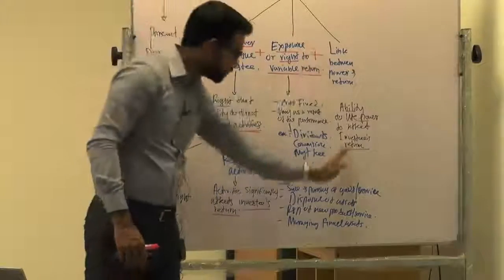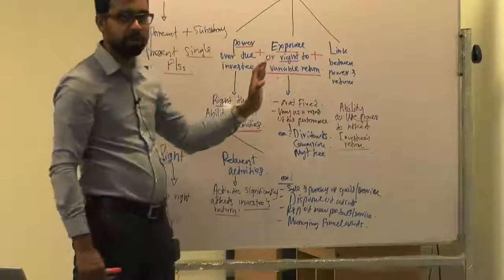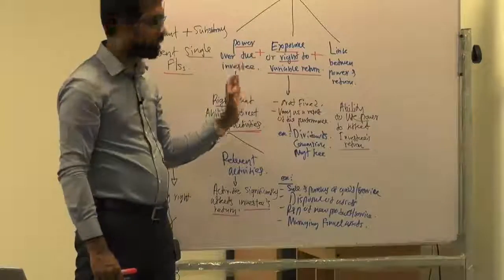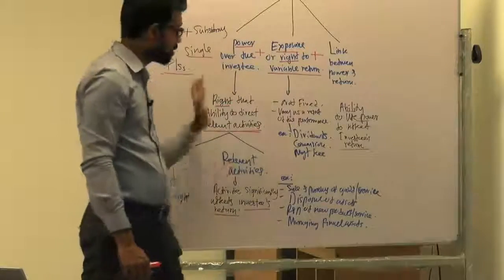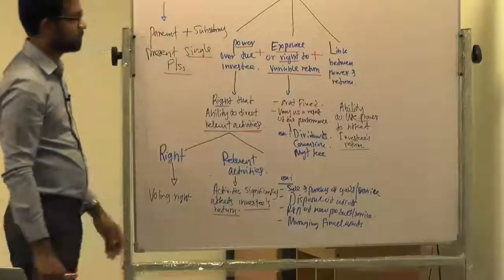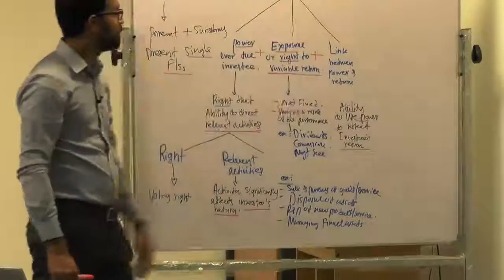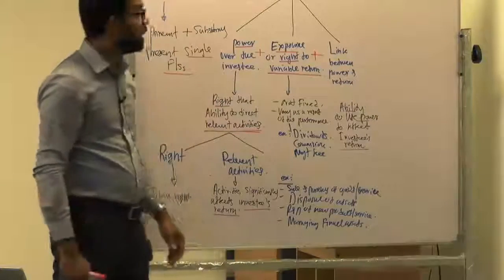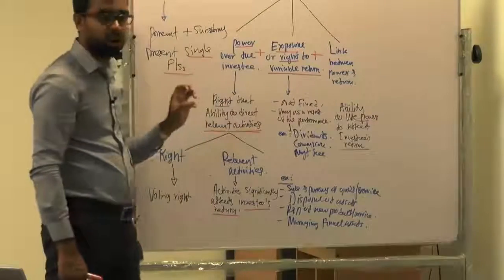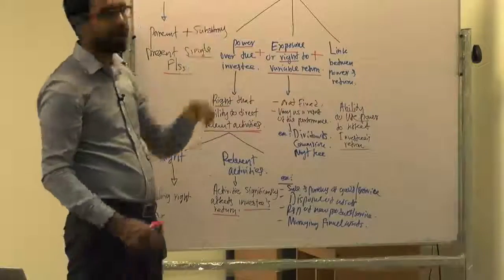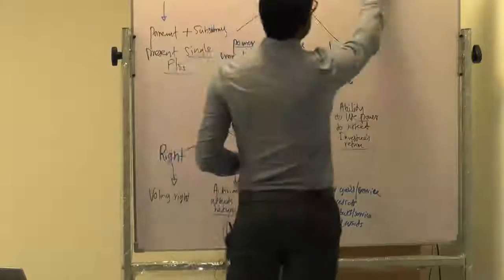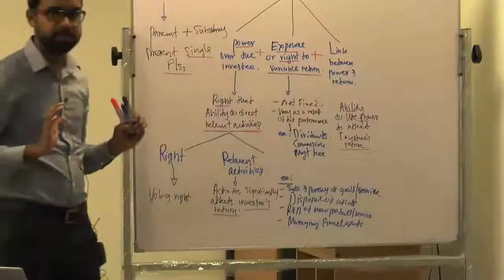So this can be a question in your exam, not relating to calculation, but relating to interpretation of that standard. This is how I can interpret the definition of this word, which is control. If you have control, you have to prepare consolidated financial statements, no doubt.